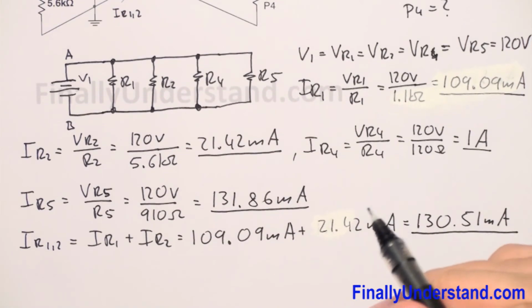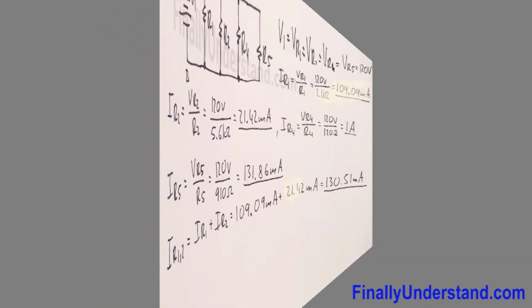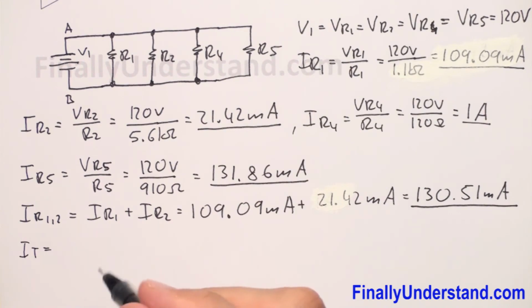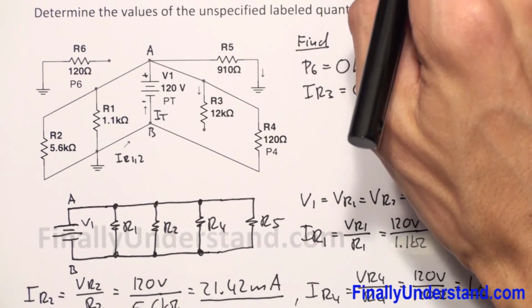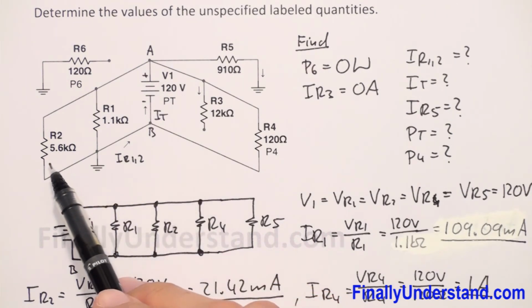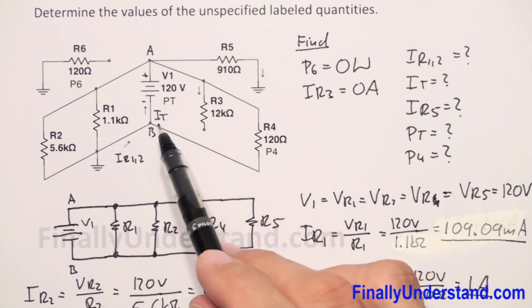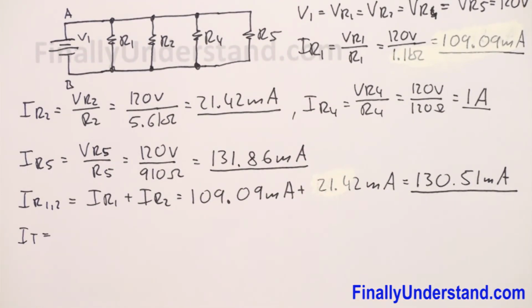Next we were supposed to find I total. I total is the sum of all currents which go through the connected resistors. So this current plus this current plus this current and plus this current will give me I total. This is KCL.